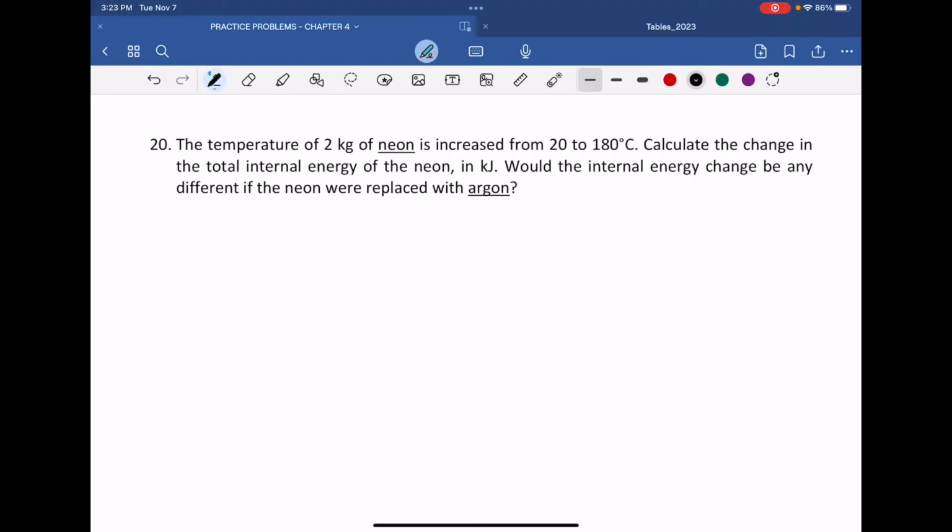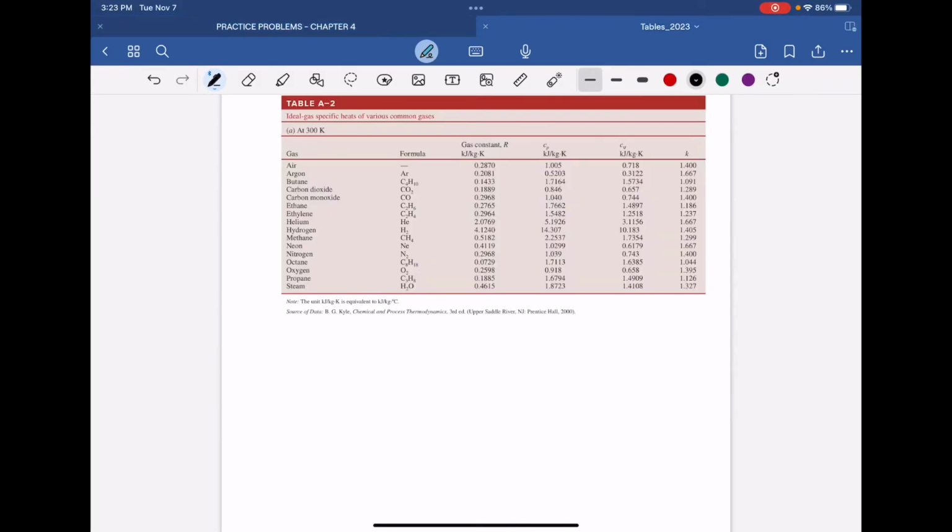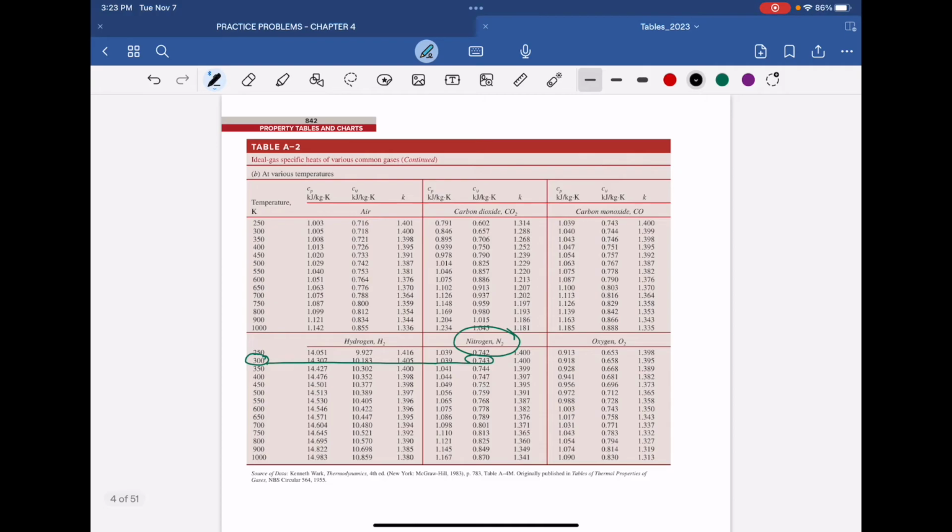Okay, so the temperature of 2 kilograms of neon is increased from 20 to 180. Calculate the change in the internal energy. And if this would change if we have argon instead of neon. Of course, it would change because it's a different substance. And for neon and argon, those gases, we don't have an exact table that gives us Cv and Cp as a function of temperature.